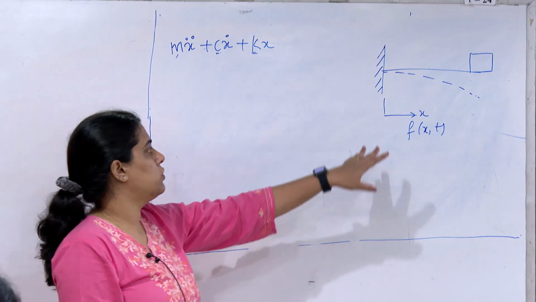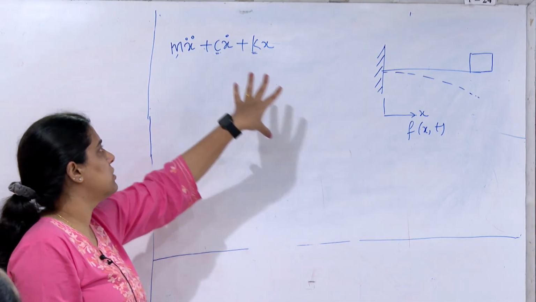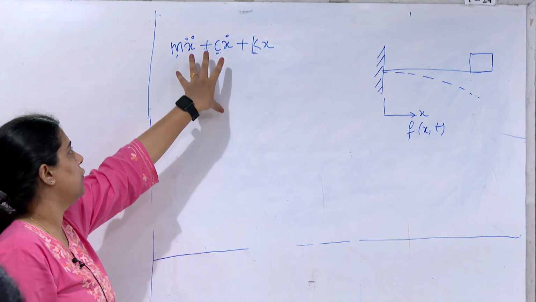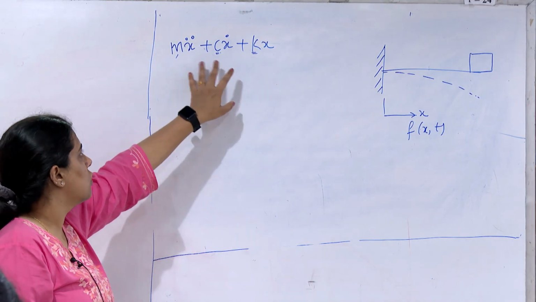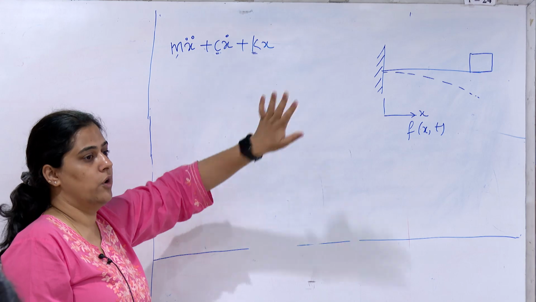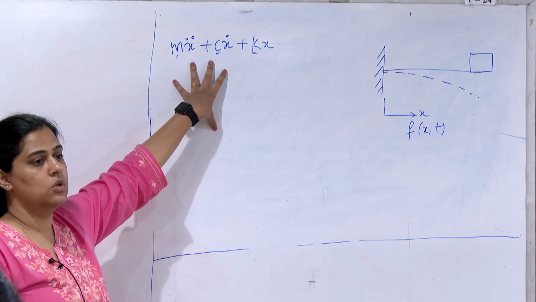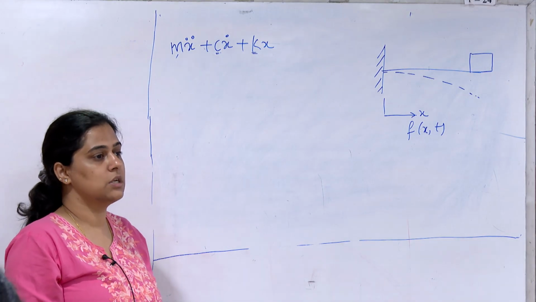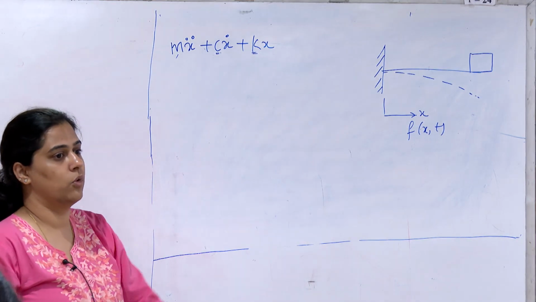But in order to simplify our system, we try to reduce the system to an ordinary differential equation. If you are using lumped parameters, this is called lumped parameter analysis. There are multiple ways in which you can solve a continuous equation. So reducing it to lumped parameters is one of the ways, which is what I am going to show here.